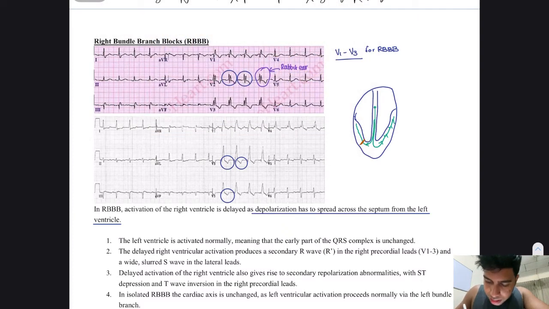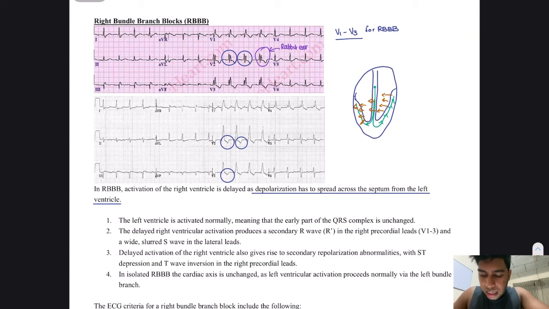Next, the left ventricle will send the signal across the septum to the other side and contract the right ventricle. Understand it? There's a block in the right bundle, so the conduction pathway will go to the left ventricle and that will contract, while the right side does not contract.